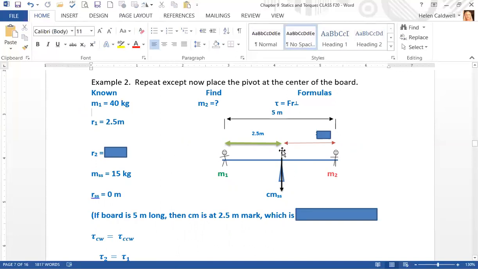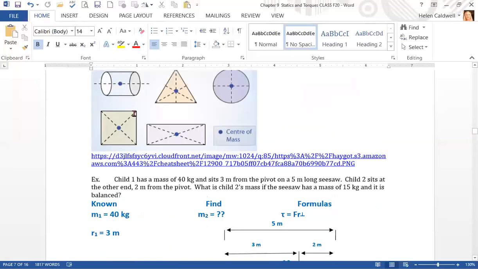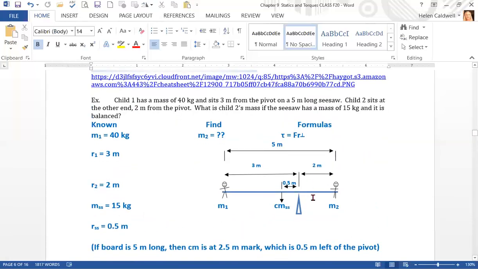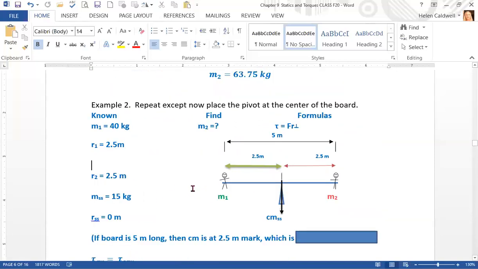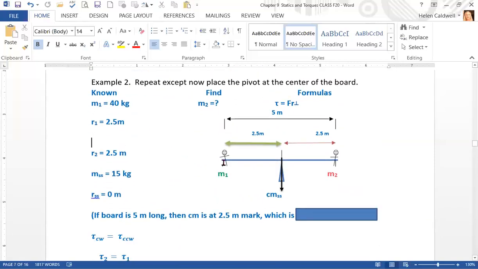We're going to let child 2 sit on the right end. That's where they were in the previous problem, right end. That means they're also 2.5 meters away from the pivot. So R2 is 2.5 meters. In our first example, they were at either end. It was the pivot that was wonky. In this example, they're still at either end, but we have slid that pivot over to the middle of the board.